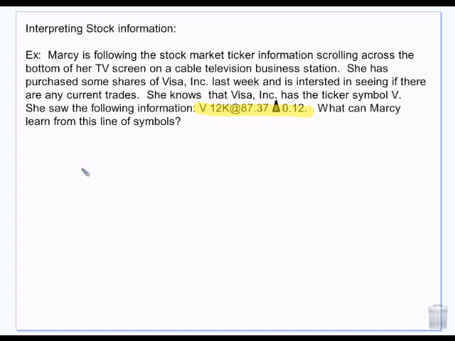So what does she learn? She learns that a Visa trade occurred. There were 12,000 shares traded.